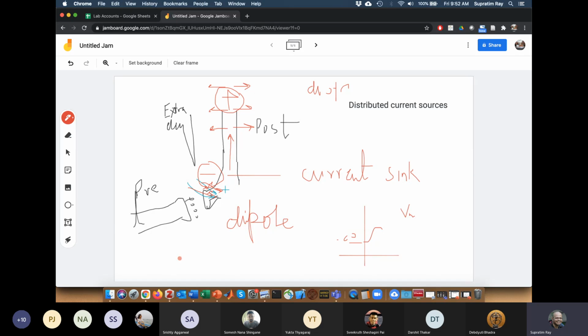If you have a minus here of whatever charge P, and a plus here and a plus there, P by 2 and P by 2 here, this is a higher order pole. This is a multipole. And there the potential falls off in a different way as you move away from this multipole.